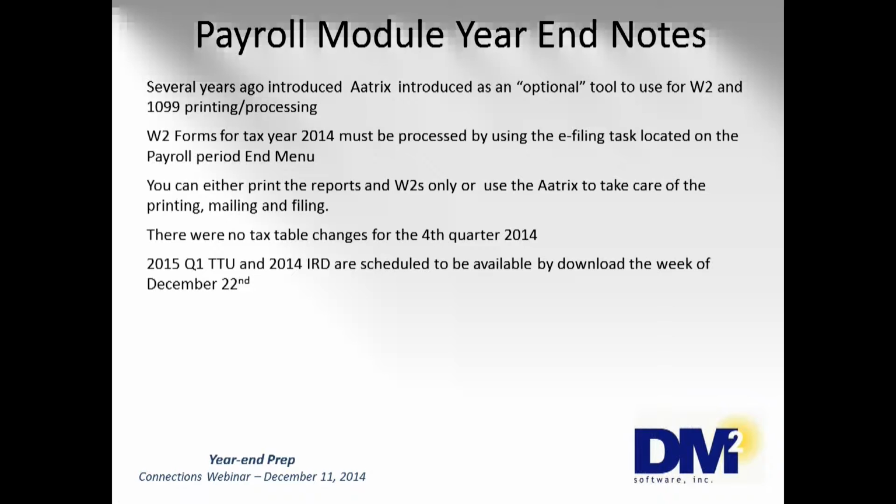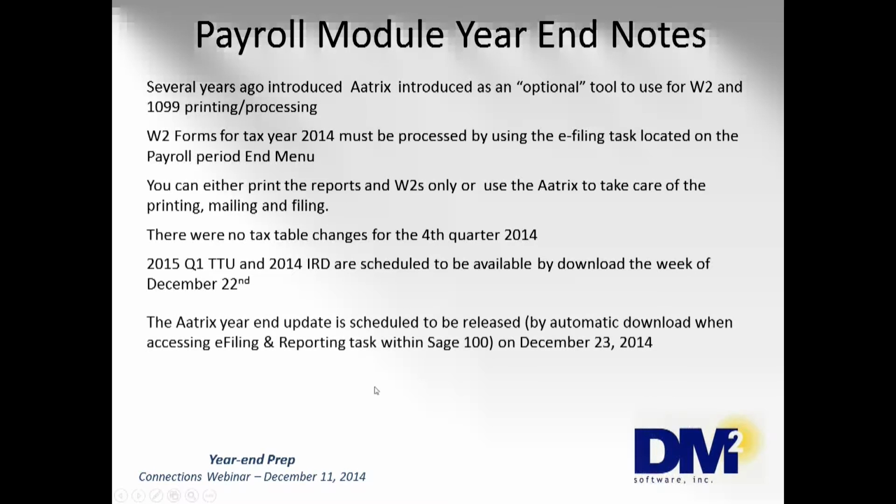So it's not ready yet because in true IRS form, they keep changing things. So it will be ready that last week, probably the 22nd. It could be as early as the 19th, but when I checked with Sage yesterday, they said more than likely it's going to be the 22nd.